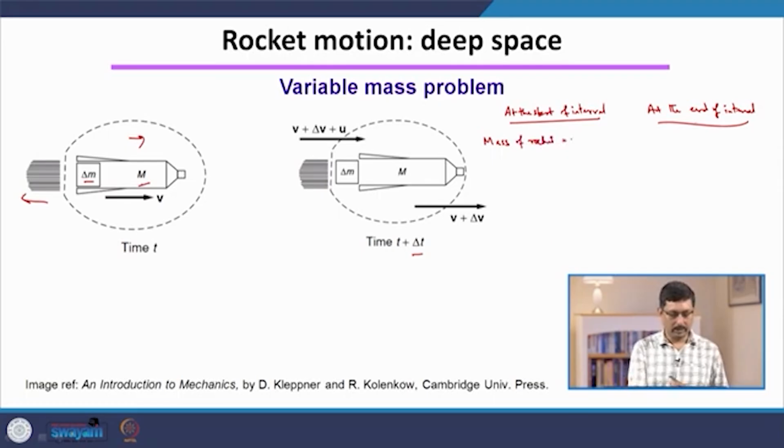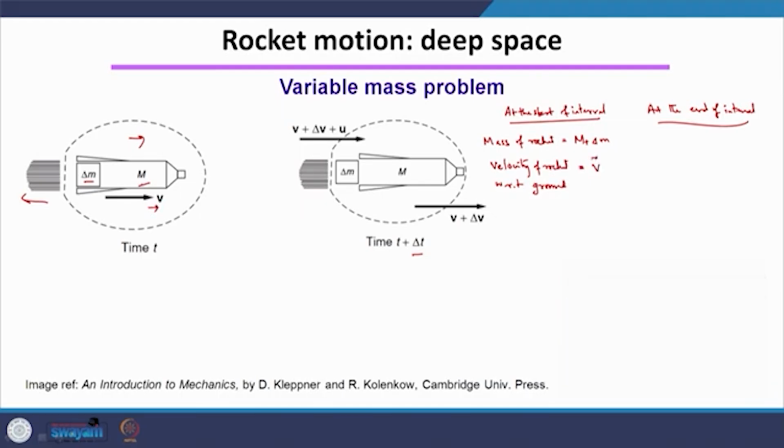The mass of the rocket is the mass of the rest of the rocket plus the mass of the fuel that is ejected. Note that this mass is changing with time. Next, what is the velocity of the rocket? Here we have to be careful. This velocity is with respect to a distant observer, or the ground station, and let us imagine that the rocket was moving with a velocity v to the right.